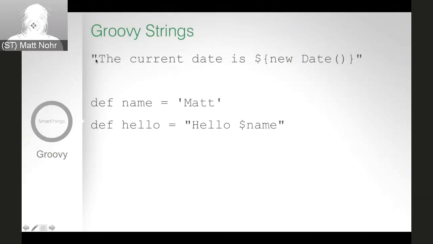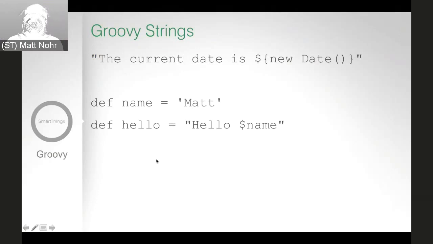What you can do, and we do this all over smart apps, is if you use double quotes, you can use a dollar sign with a curly brace and evaluate expressions right inside of the string. In lots of languages, you would have to end the string and concatenate it with something else. If you do single quotes, like down here where my name is, then the evaluation doesn't happen.